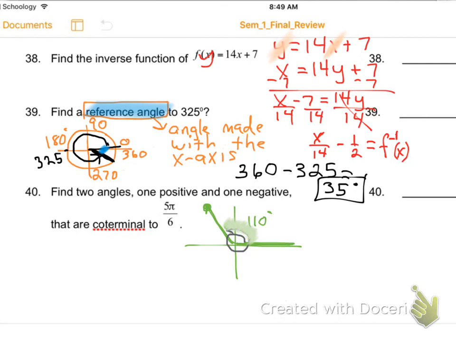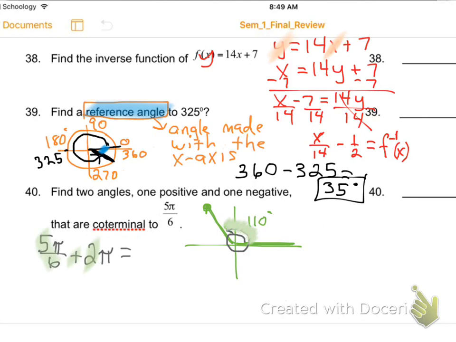So they want one negative and one positive. So the first thing I'm going to do is take 5 pi over 6 and add a full rotation, which is 2 pi. Now when you go to put this in your calculator, please pay attention here, because I've had several people ask in class, and it's important you understand this. What you're putting in is only 5/6 plus 2. You are not putting pi in your calculator.